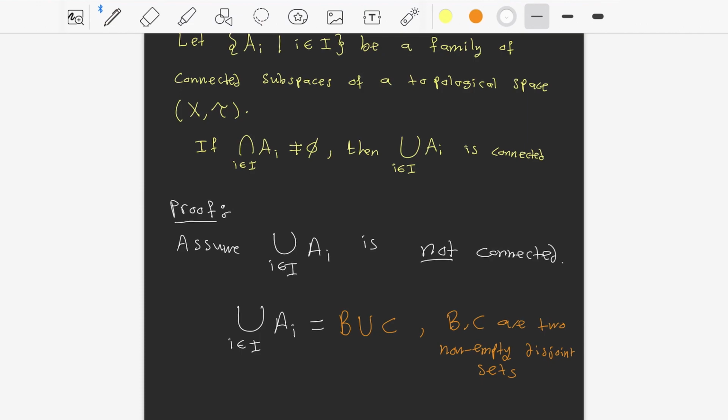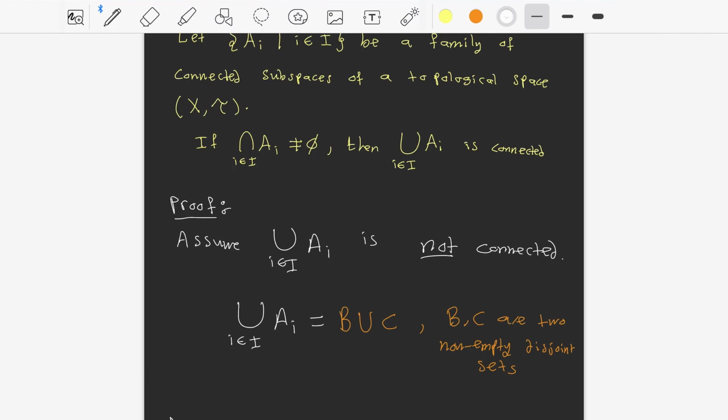So I will assume there is an x in the intersection, because the intersection is non-empty. Hence, of course, x will be in every A_i, so x must also be in the union, and so it is either in B or in C.